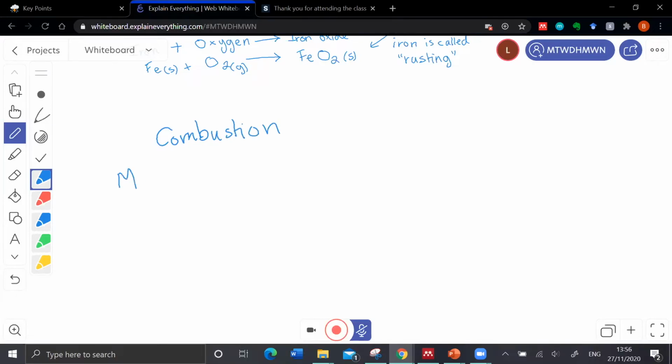So methane plus oxygen, combustion is all about burning in oxygen, goes to carbon dioxide and water.